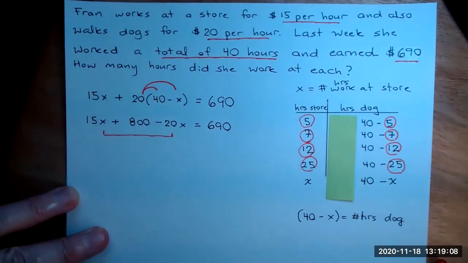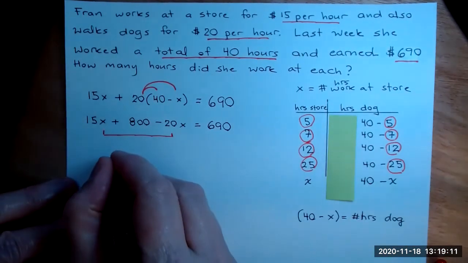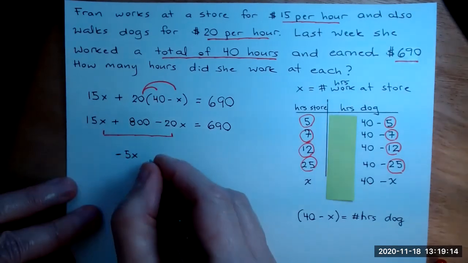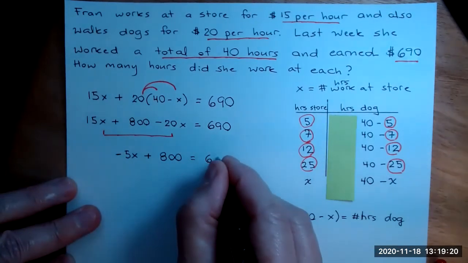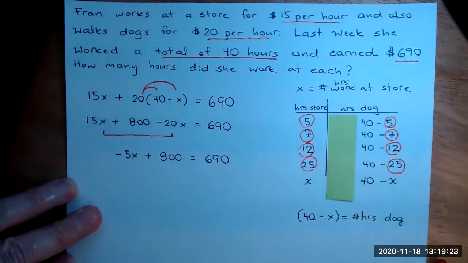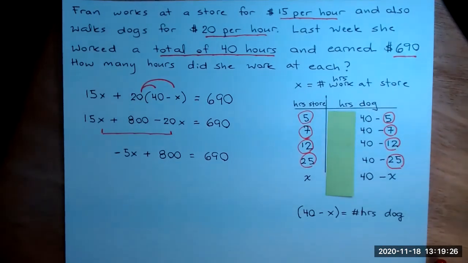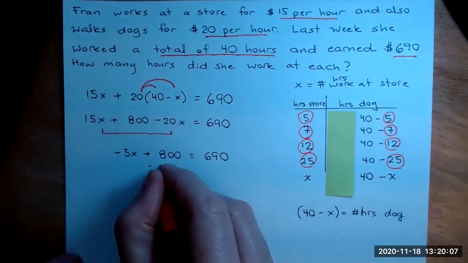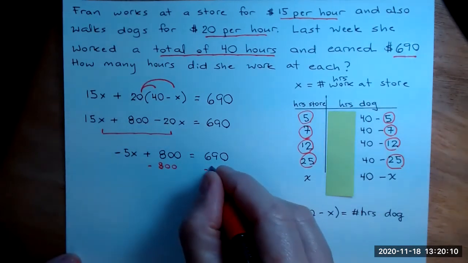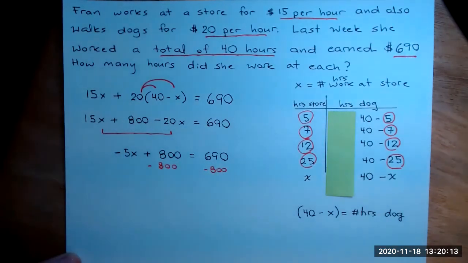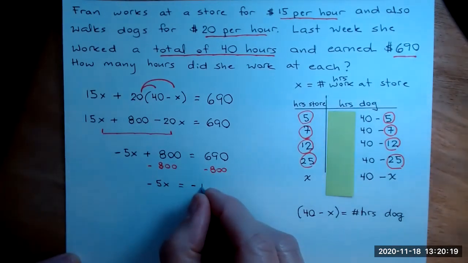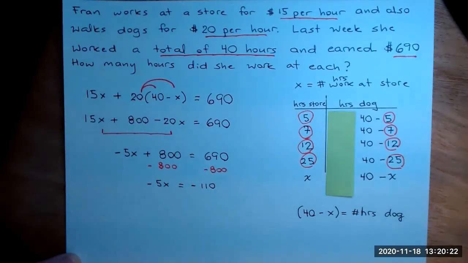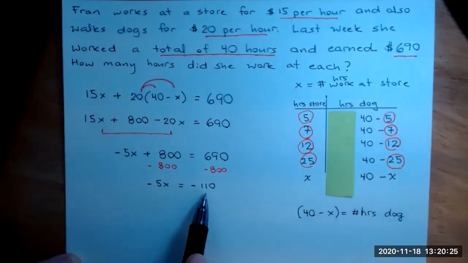So positive 15x and negative 20x make negative 5x. All right, then we'll subtract 800 from both sides. And divide both sides by negative 5.